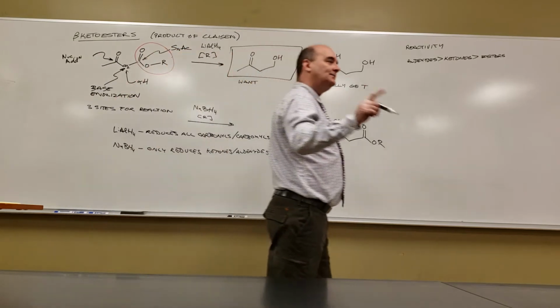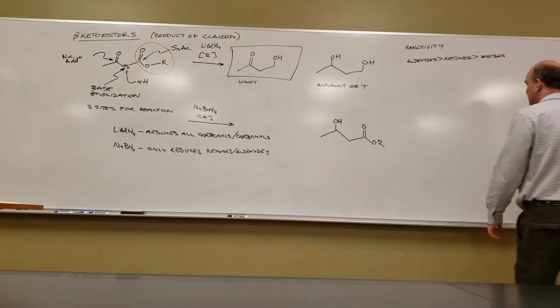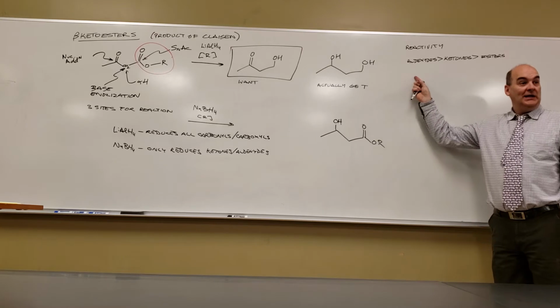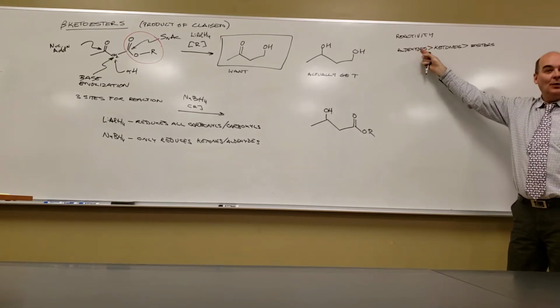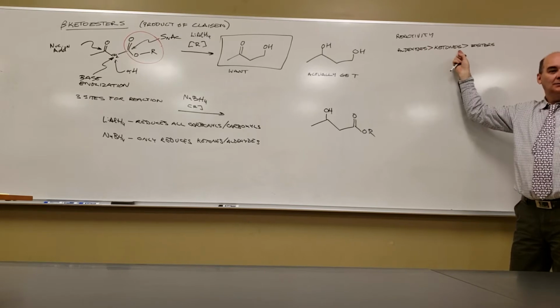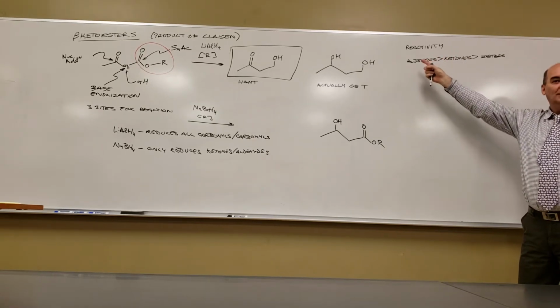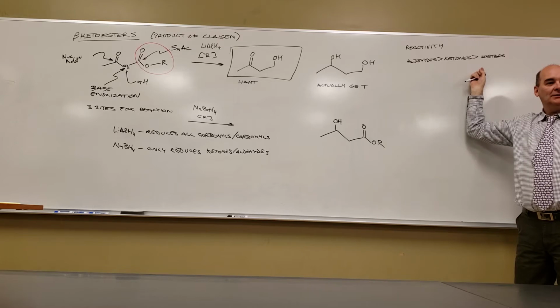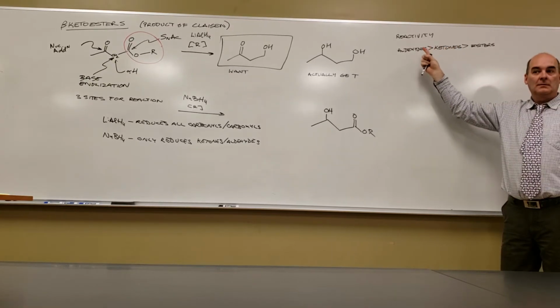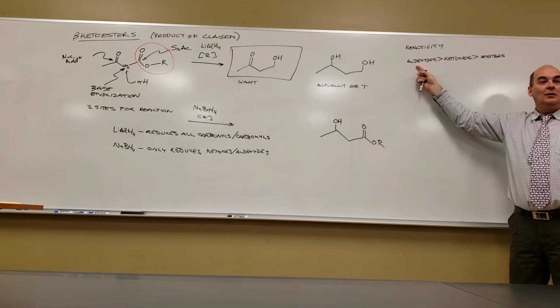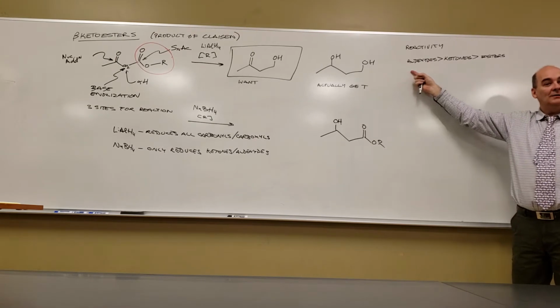And the key to our success is also the key to our downfall. Aldehydes and ketones are more reactive than esters, which means that I cannot react just the ester. So what I do instead, remember Hell-Volhard-Zelinsky?